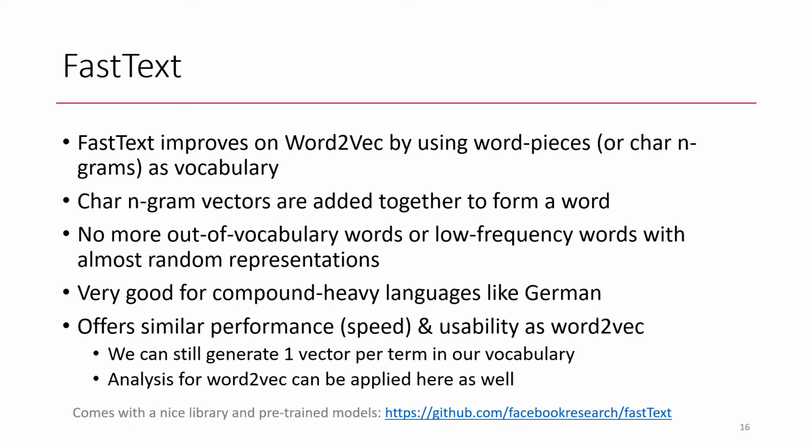And it offers similar performance and usability as Word2Vec, so we can still generate a single vector per term in our vocabulary, and we can apply all the analysis tools and methods that have been developed for Word2Vec on FastText as well. And it comes with a very nice library and pre-trained models for virtually all languages.